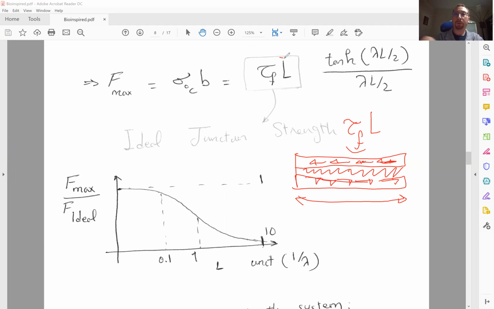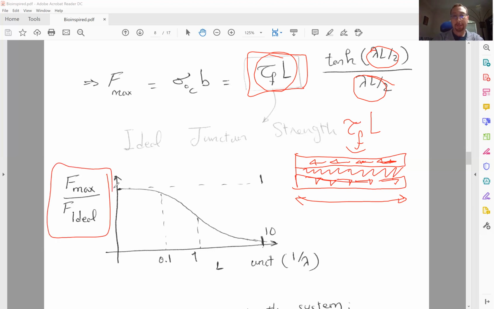So when I rewrote sigma 1, by taking these two here on the right side, I basically got my ideal junction strength, and I can plot that as a function of the ideal case, and you see that it scales like that. This is very similar to the concept that we explained in the case of the carbon nanotubes.